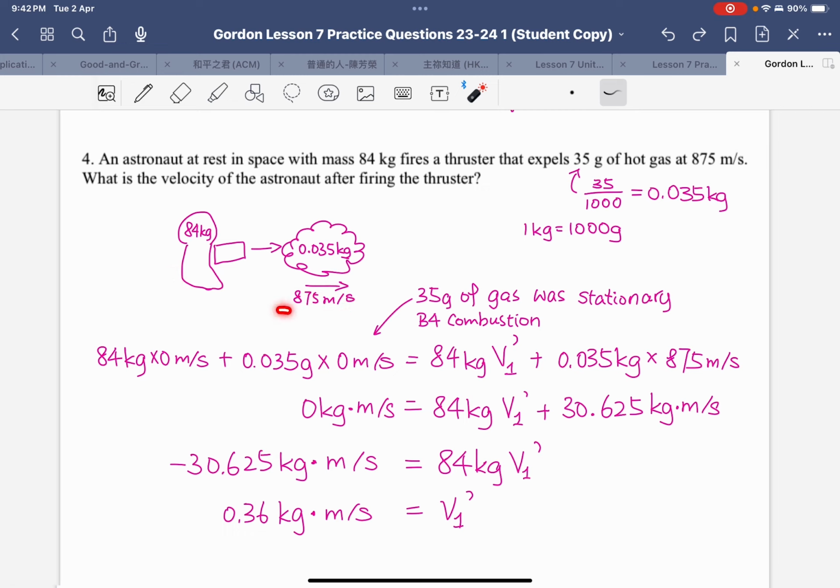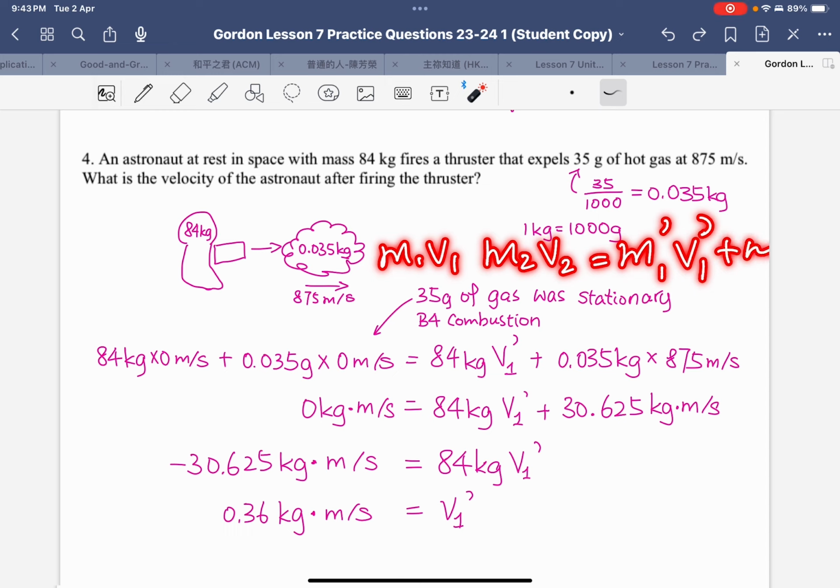So after collision, you treat this as an event, all right? Event means collision in physics, or other events. Explosion can also be an event. But after the event, you have two masses traveling in opposite directions. So we would treat this as an elastic collision. So you're going to use that m1v1 plus m2v2 equals m1v1 after collision plus m2v2 after collision.